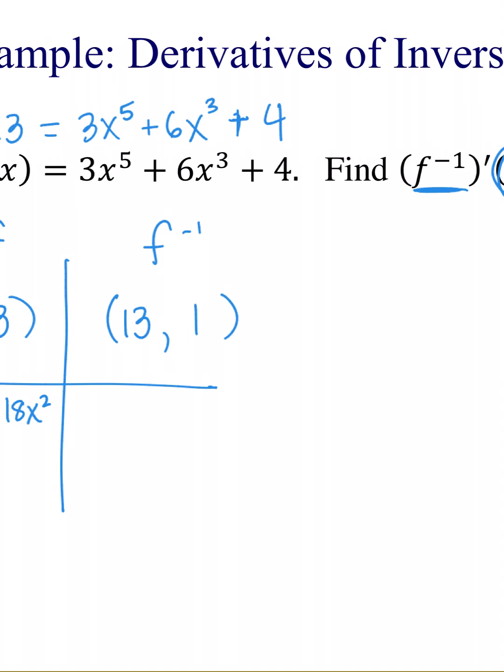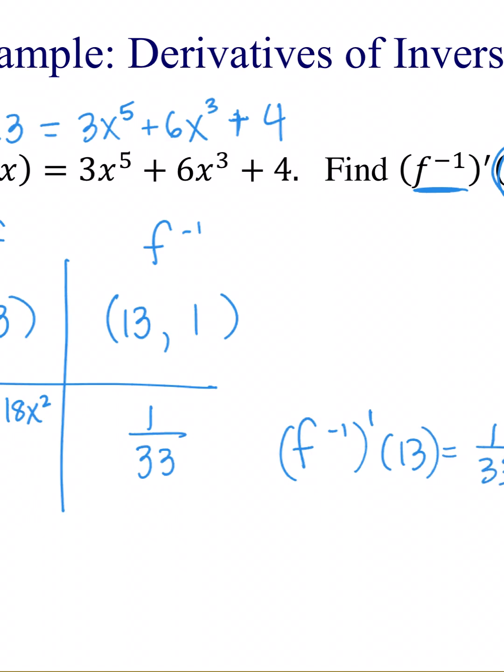So I get 33. So then the inverse derivative value, 1 over 33. So in other words, f inverse prime of 13 turned out to be 1 over 33. Okay, f inverse prime.